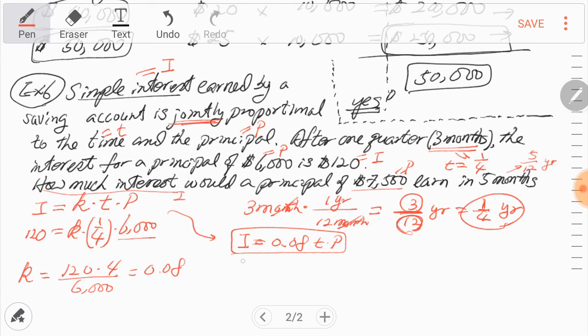So the interest is 0.08 times, okay, 5 over 12. That is the number of years, and that principal is $7,500. So use a calculator to get the numbers. Then it becomes $250. So this is the interest after 5 months.